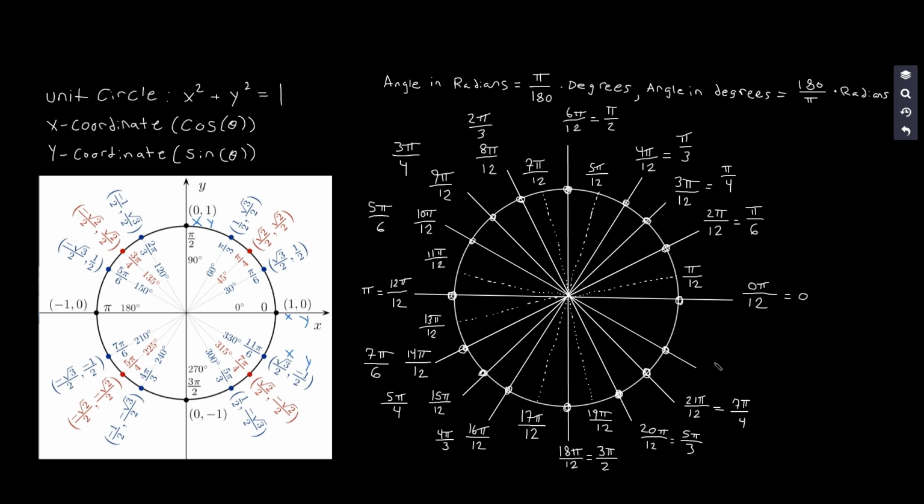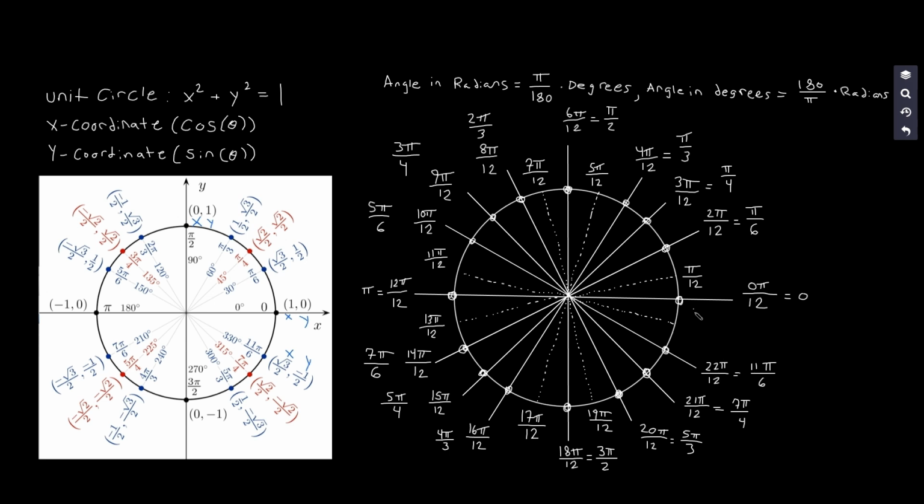21 pi over 12. We're going to move over to 22 pi over 12. We're going to hit it with a simplification, 11 pi over 6. All right, we're going to draw in our line that's absent so we can smoothly make the transition.